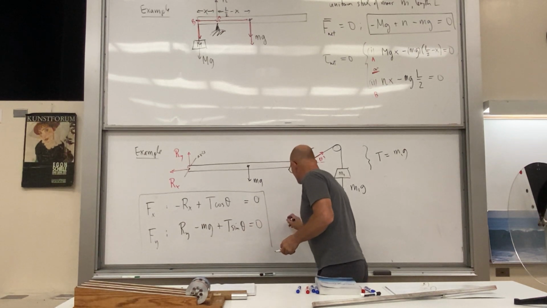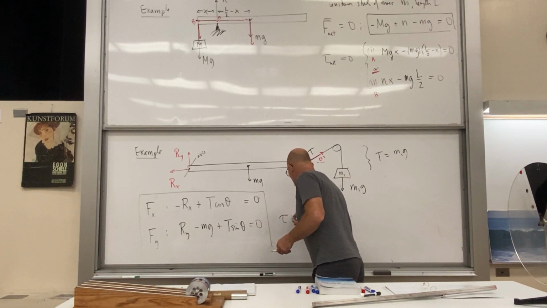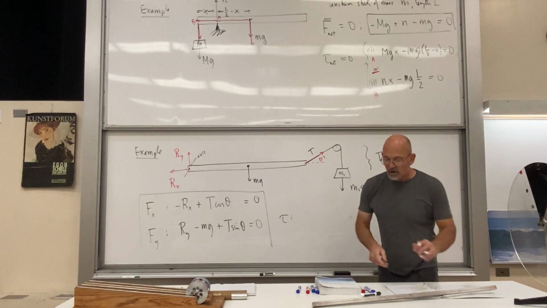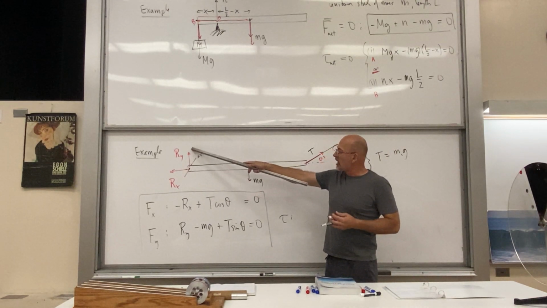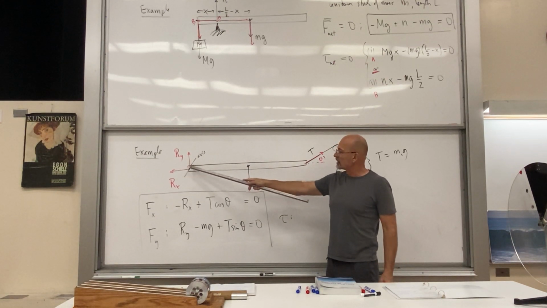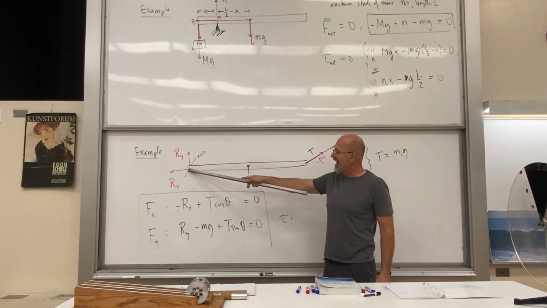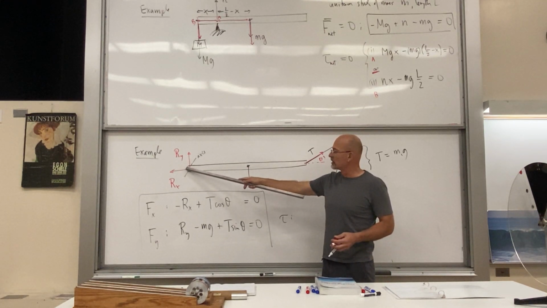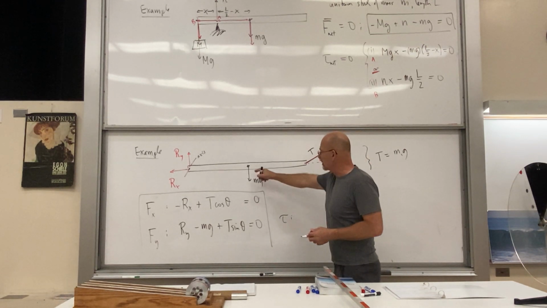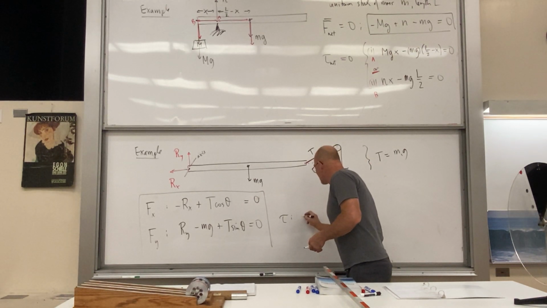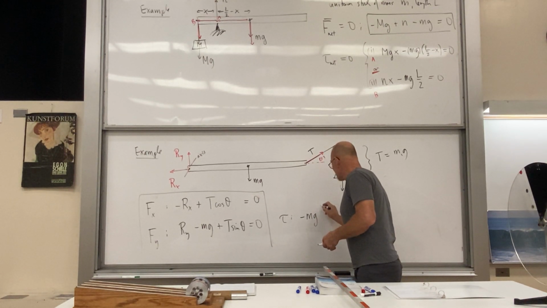What about the torque? So the torque we'll go ahead and measure from this point here, and neither Rx nor Ry contribute any torque because they're acting right on the axis without a lever arm, we'll just put it that way. No lever arm here. So for the torque, the clockwise one, we have minus mg times half the length of the stick.